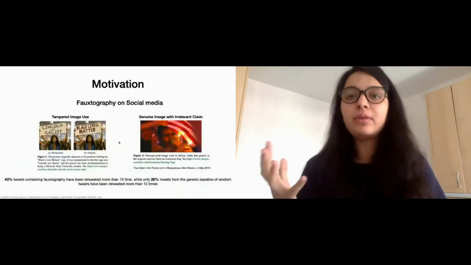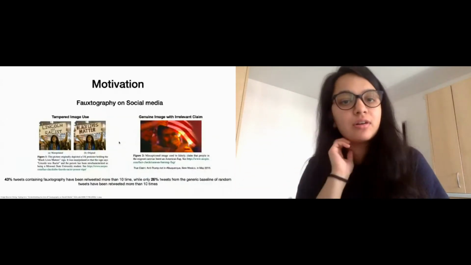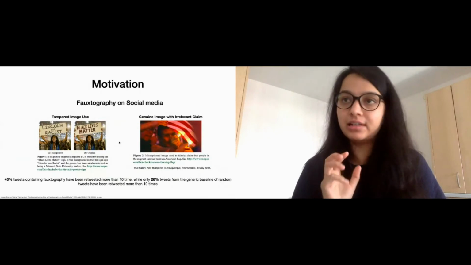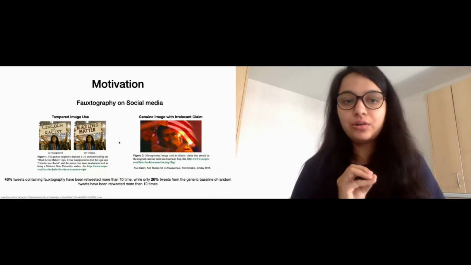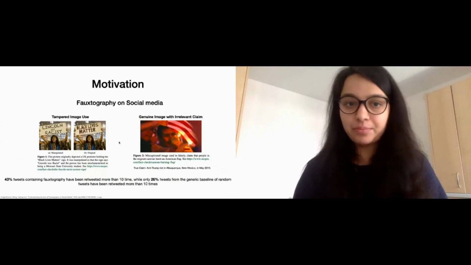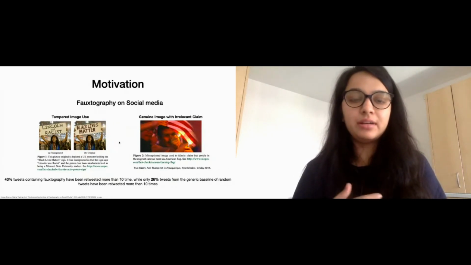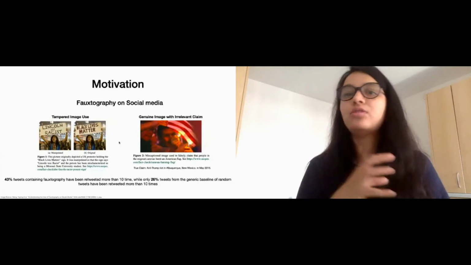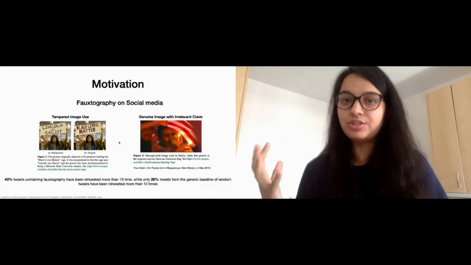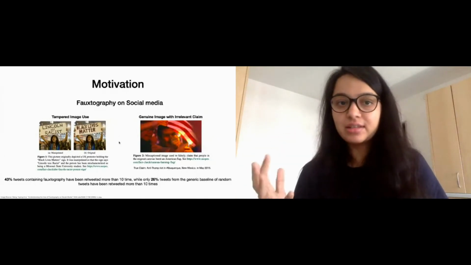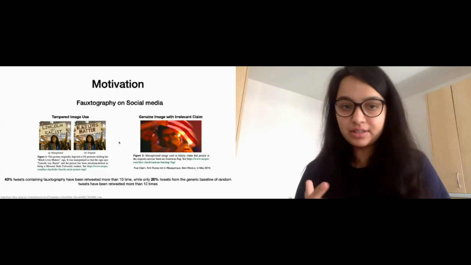When we talk about misuse of images on social media, there are basically two things. First is image tampering. In image tampering, people play around with or change parts and regions of the image to convey a different message or to misrepresent the person.